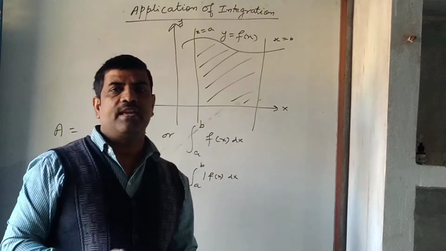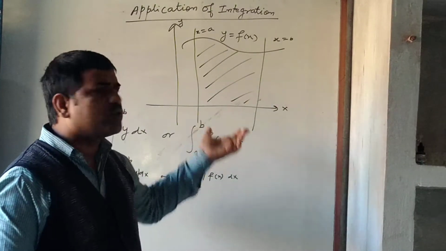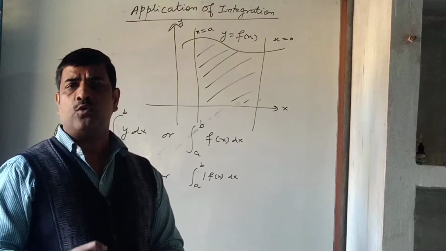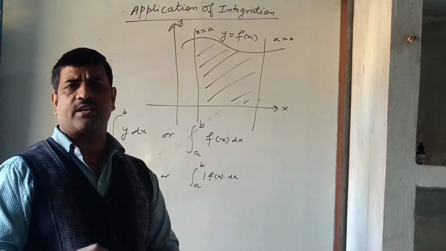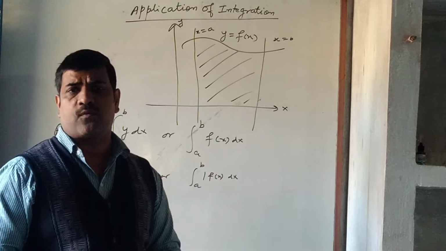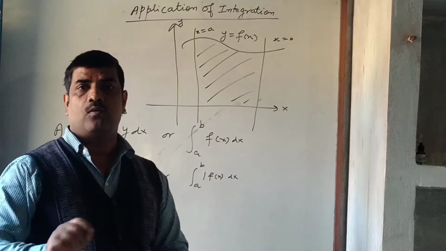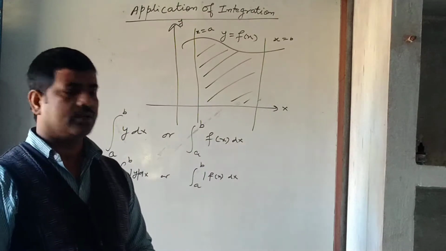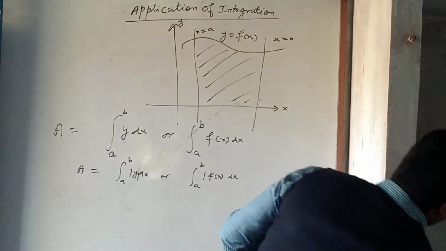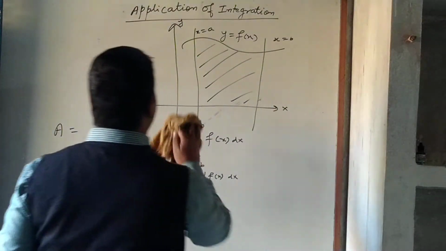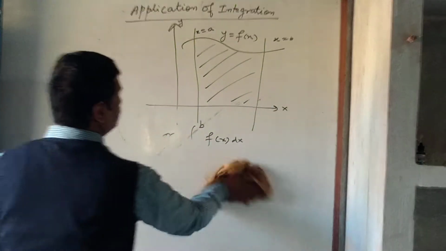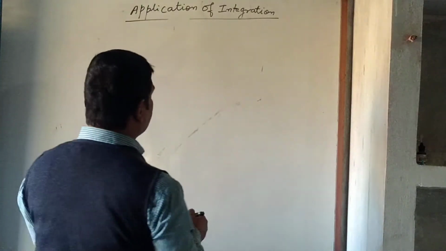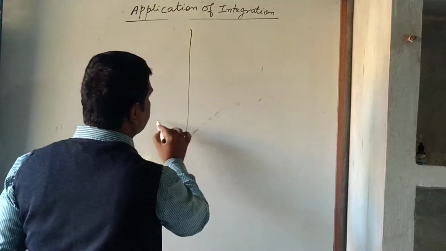While if we are intended to find the area between a curve x equal to f(y), instead of y equal to f(x), and the y-axis, then what formula will be used? The other format may be like this in the next diagram.